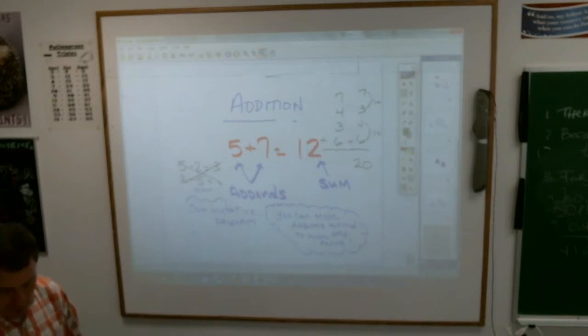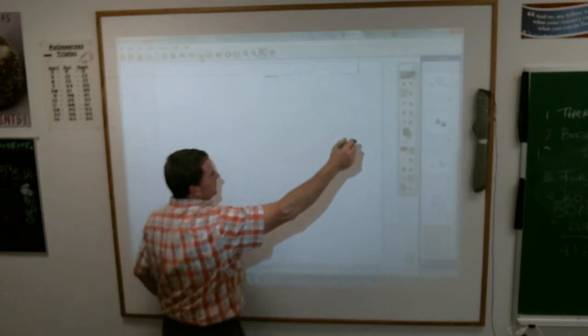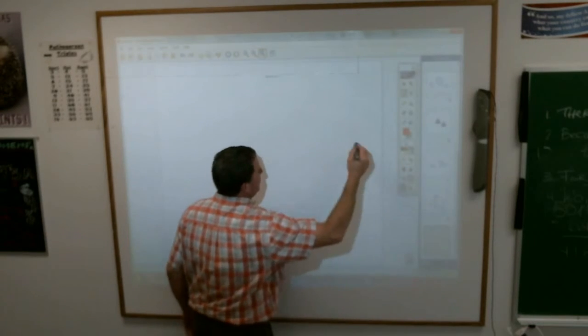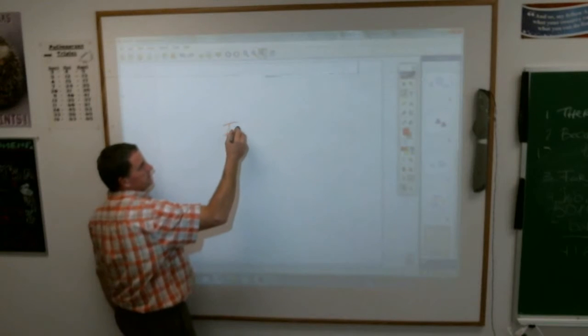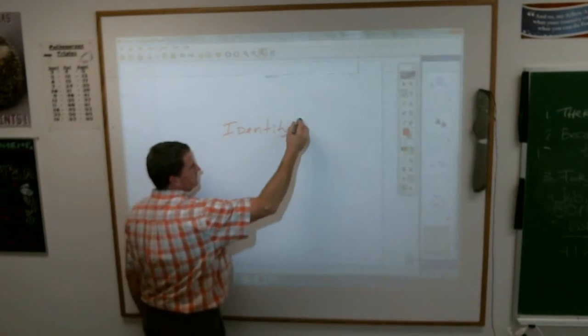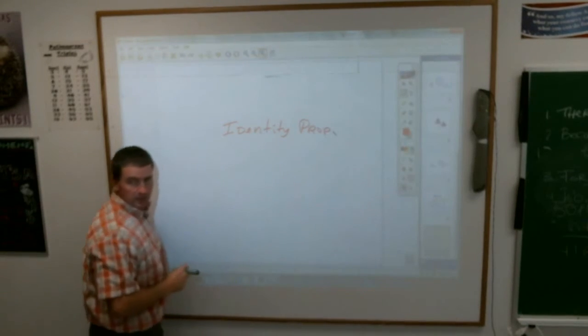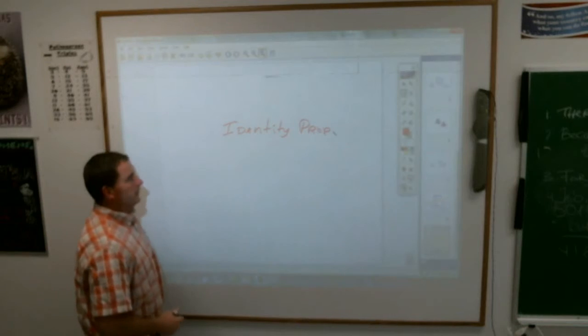We also have one other property that you need to know. Let's turn the page here. And that property is called the identity property. And again, it is one that you've done since you were forever there.